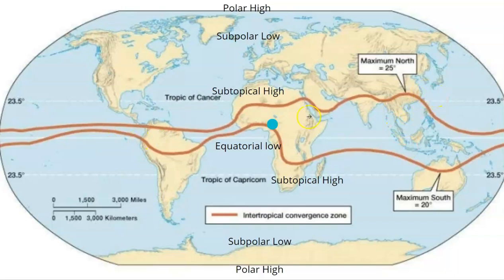And this includes the ITCZ. In actual fact, the ITCZ is one line, but they've done it in two lines just to show you. So this is the ITCZ in summer in the northern hemisphere, and you can move slightly upwards, whereas in summer in the southern hemisphere it is moved slightly downwards.